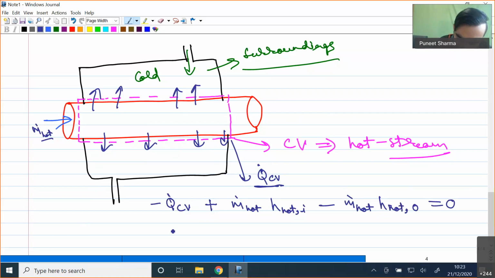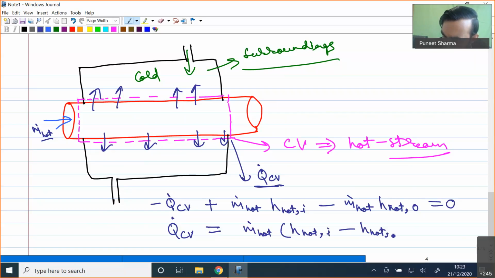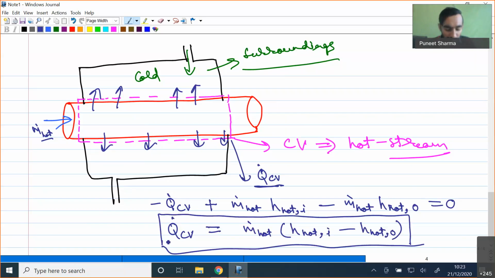So you can clearly see that the rate of heat transfer across the boundary of the control volume will be nothing but equal to m dot hot into h hot I minus h hot O. That is what we get when we consider only the hot medium as the control volume.